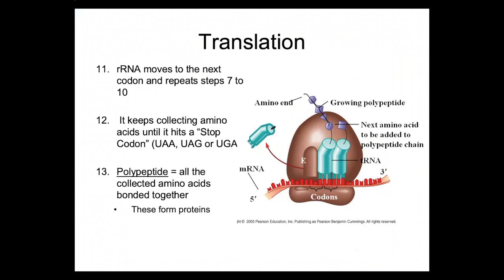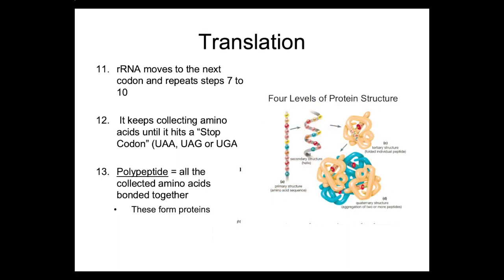When you are done, you have what we call a polypeptide, or polypeptide chain, a chain of amino acids. And like I said before, all you have to do is bend it into the correct position. And then you have a protein ready to do its job. A polypeptide chain bent in the right shape is a protein.